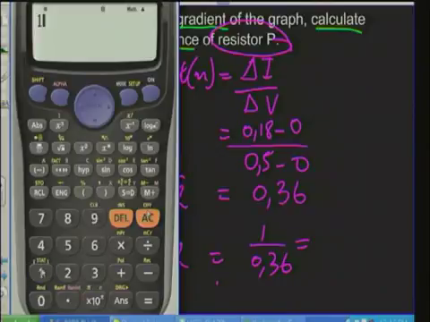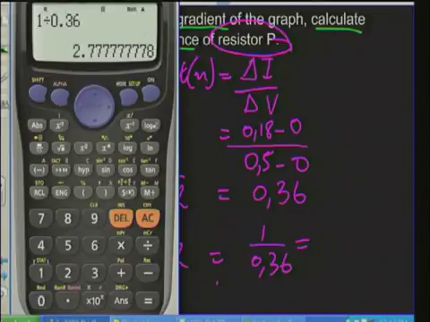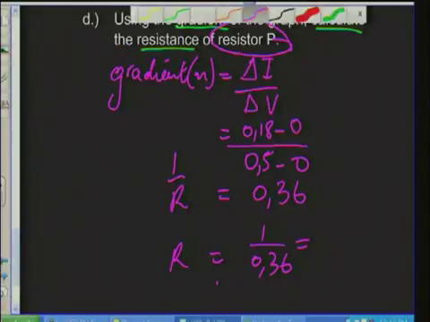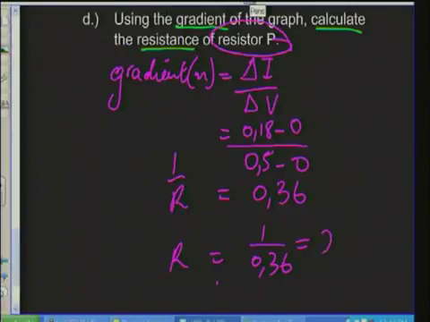So we're going to have 1 divided by 0,36, and we get the answer to be 2.78. So this will be 2.78 ohms. So that's it about circuits. We have now completed everything we needed to do about it.